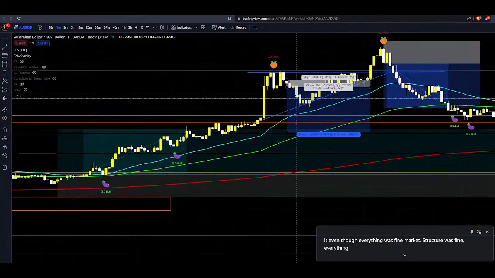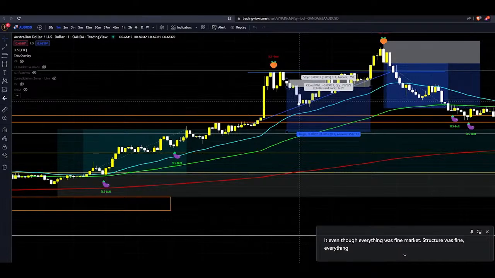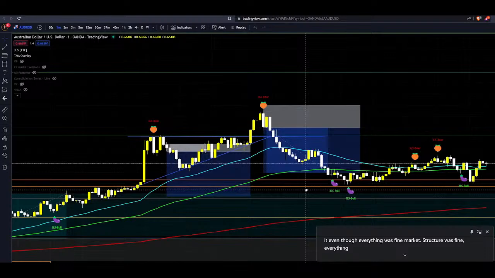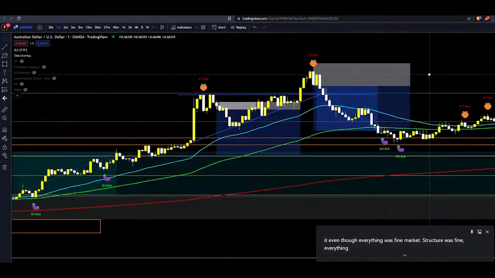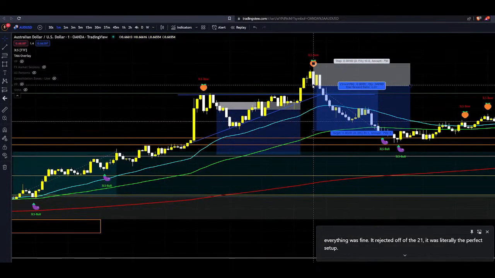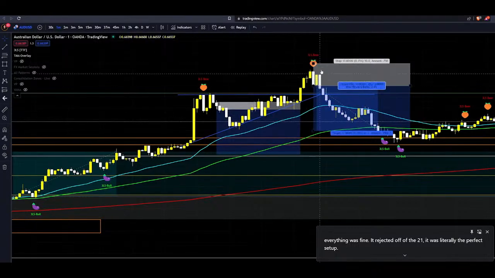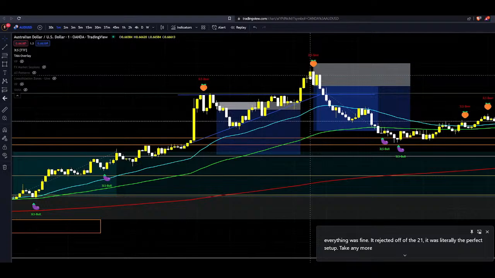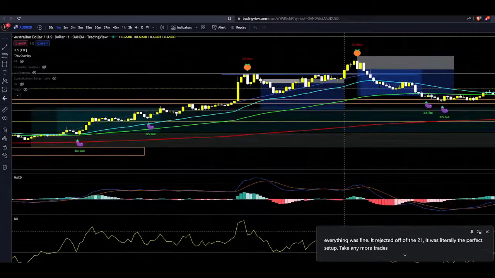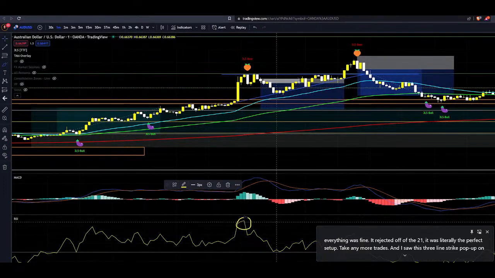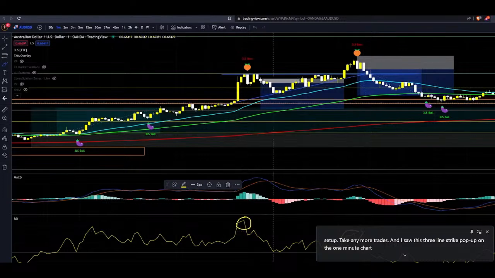So after taking 2 back-to-back losses, I decided that I need to follow my damn rules and not take any more trades. Even though I kept watching the charts and I saw this 3-line strike pop up on the 1 minute chart, and when I looked at my oscillators, I saw a clear and concise high point and a lower high.